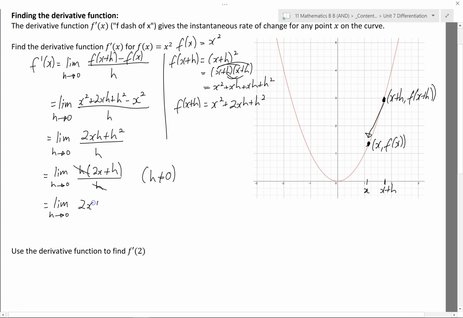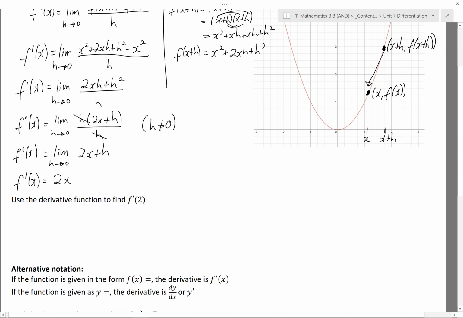And I'm left with 2x plus h. So I can substitute in my h equals 0. Okay, and I'm just left with 2x. So the derivative is 2x. Okay, try and get in the habit of just having the f dash all the way down.